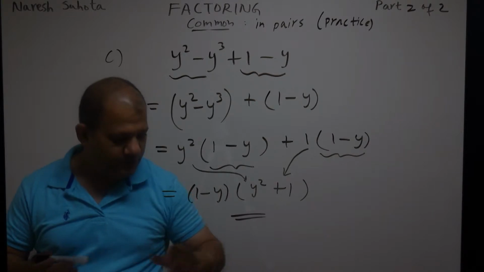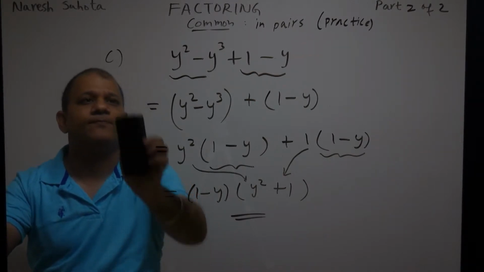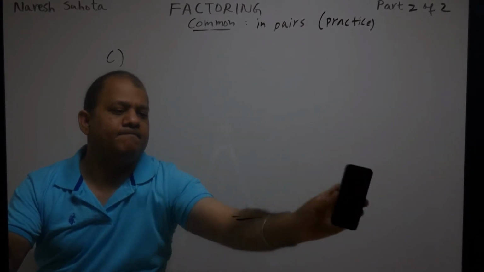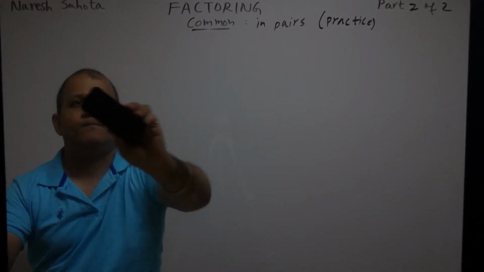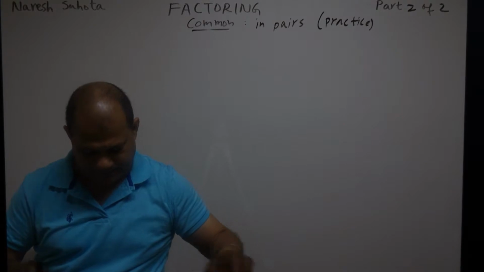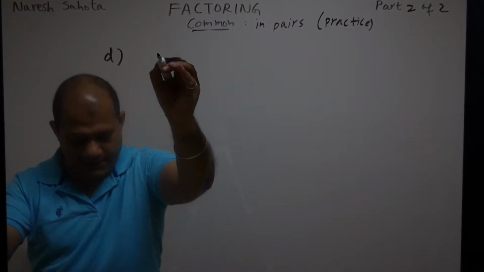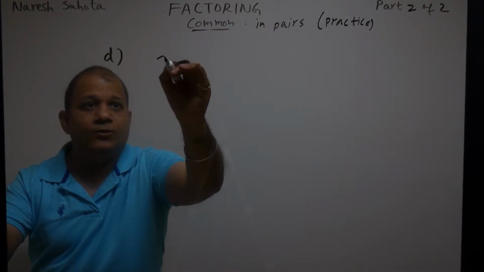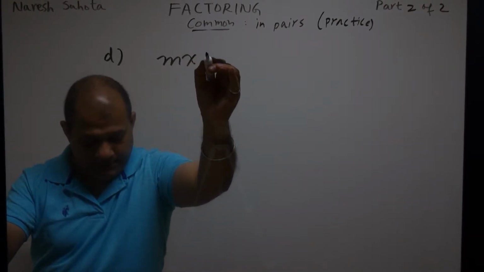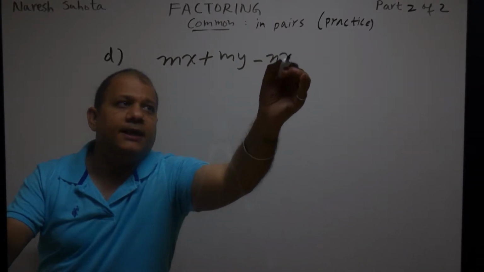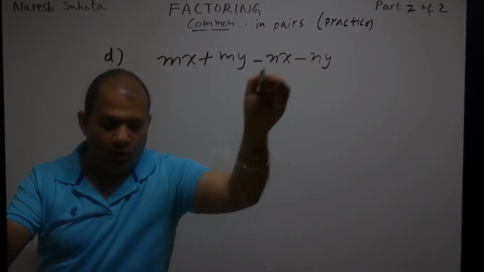Okay, so let's continue. We'll look at example D. In D, we're given mx plus my minus nx minus ny.